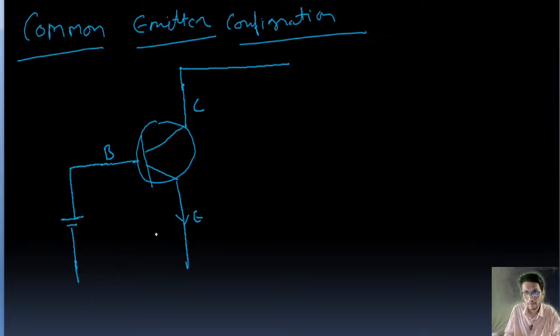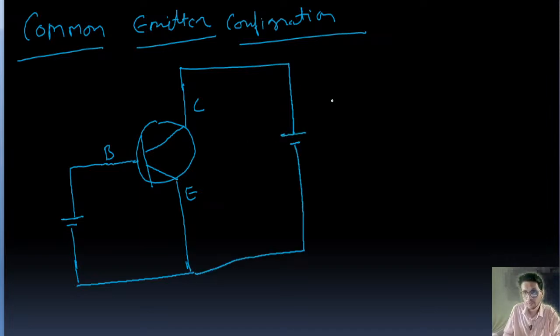This is an NPN transistor: this is N, this is N, and this is P. This is emitter E and this is collector C. This is VBE, and this is VCE.